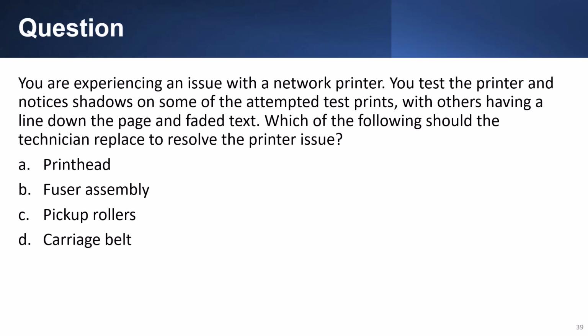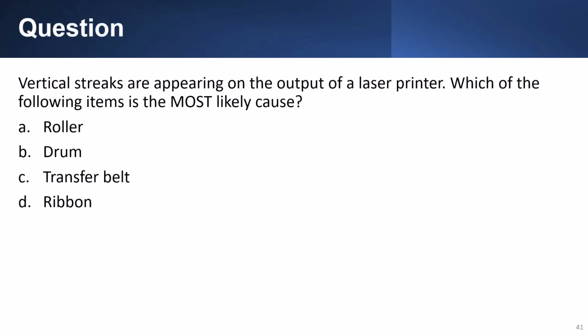Question: you're experiencing an issue with the network printer. You test the printer and notice shadows on some of the attempted test prints, with others having a line down the page and faded text. Which of the following should the technician replace to resolve the printer issue? Answer: fuser assembly. Question: Vertical streaks are appearing on the output of the laser printer.